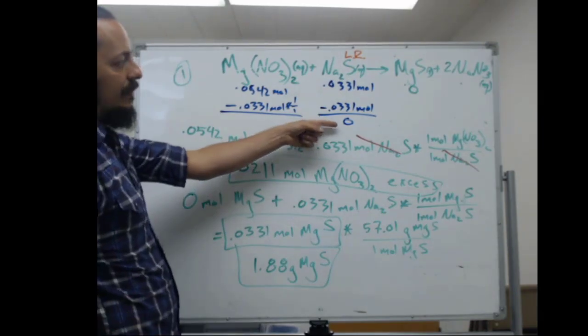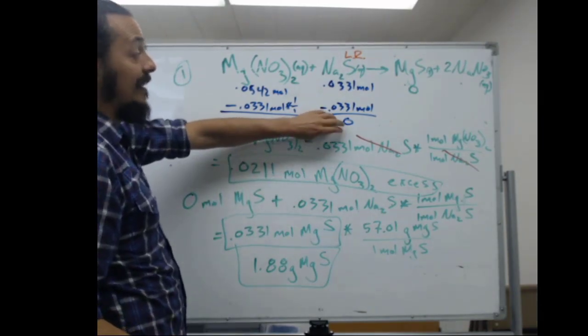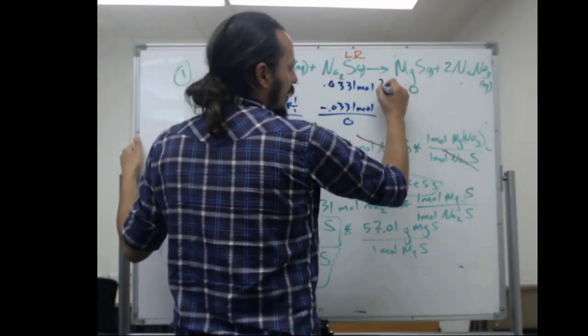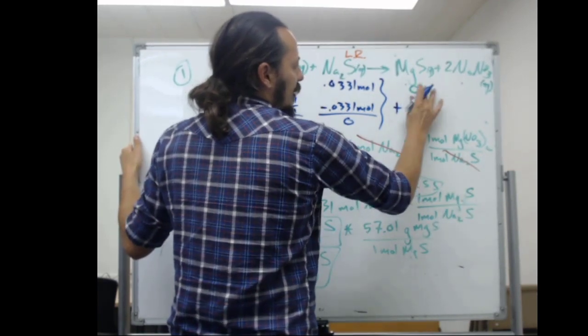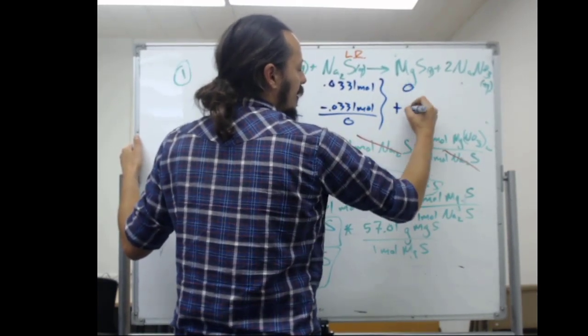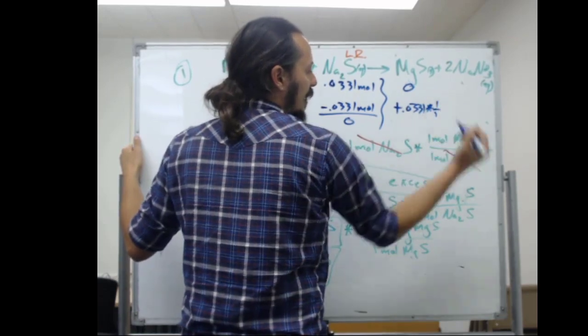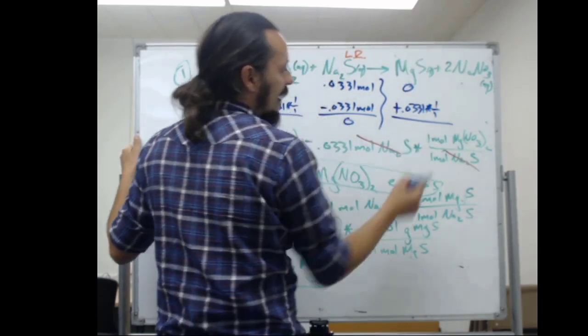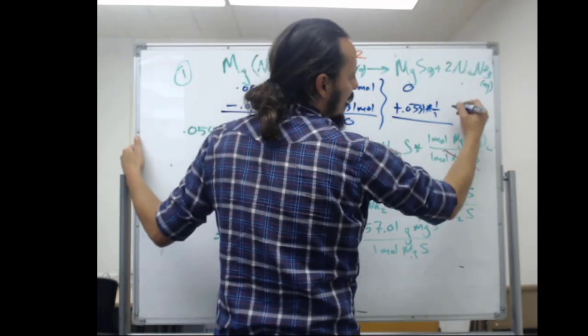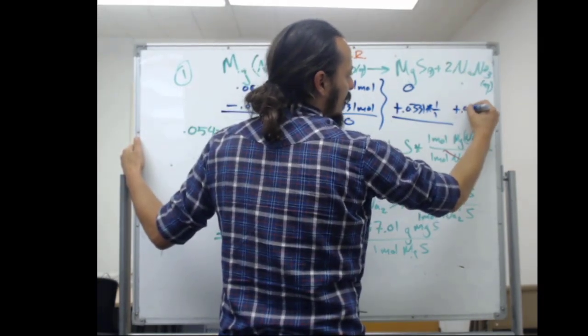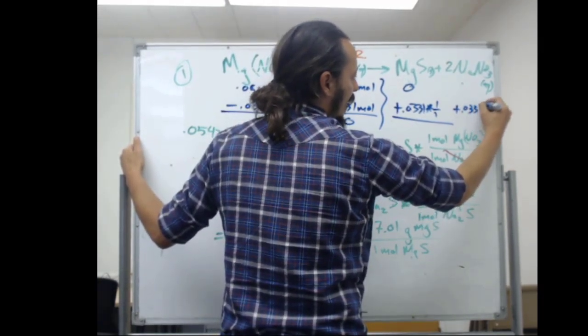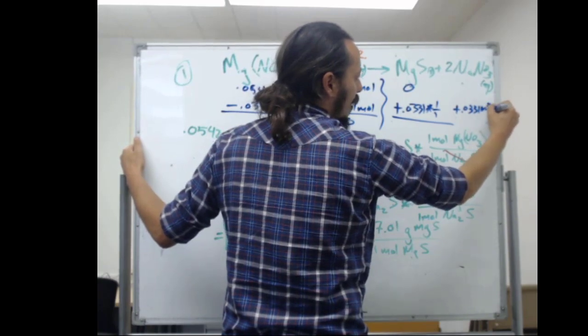The limiting reactant is always going to end up with 0 reactant left over. We're going to have 0 plus 0.0331 times a 1-to-1 ratio. That's going to get our magnesium sulfide. And we can even, very quickly now, do the spectator ions, even though nothing in the problem asks us to do that.